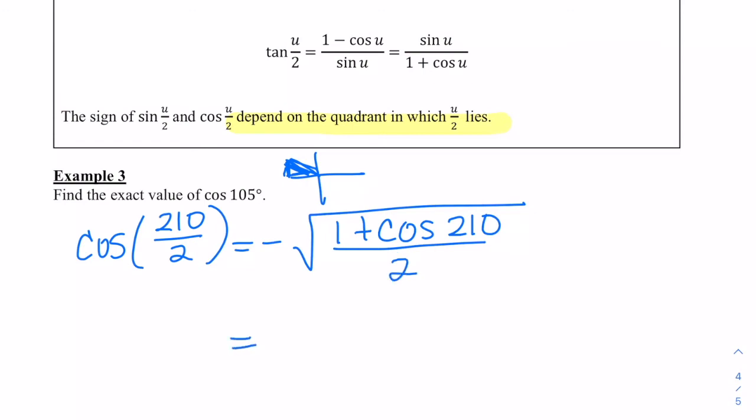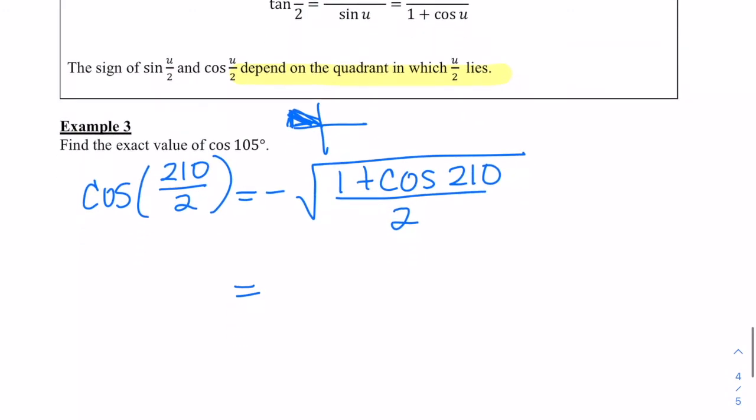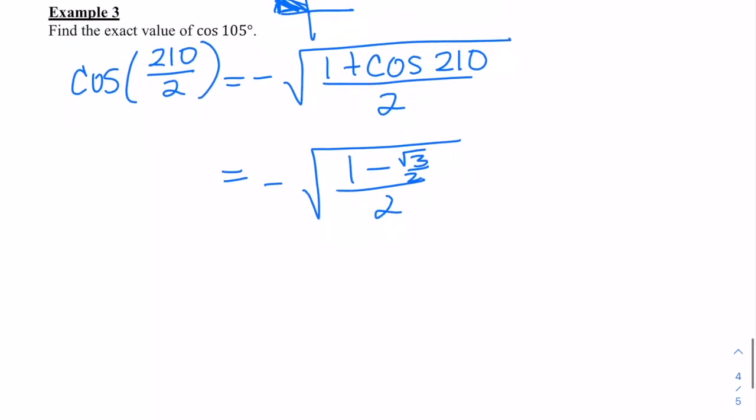All right, well, we can simplify that. The cosine of 210 is going to be negative root 3 over 2. We can write that over 2. Now we're going to simplify this a little bit more, so we find a common denominator.